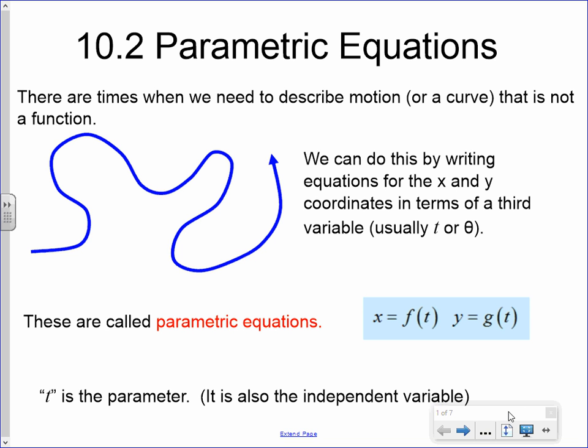T is what is called our parameter. That's why they are called parametric equations. What's nice about parametric equations is that they have direction because they're describing motion. So when we go to graph these here soon, you're going to have arrows pointing you in the direction that the curve is going.